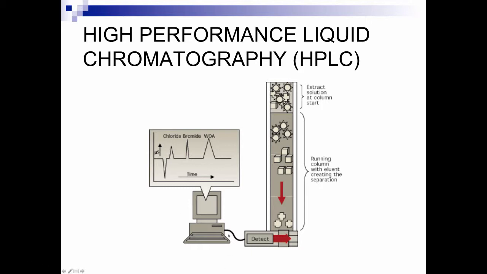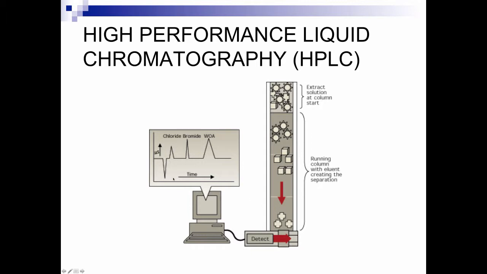The one right at the bottom has the highest affinity for the mobile phase, and it tends to elute out first. And this is followed by the cubes and then the sun. And it is then detected on a chromatogram, as illustrated here, of signal against time, where each particular peak is characteristic of a particular component in the mixture.